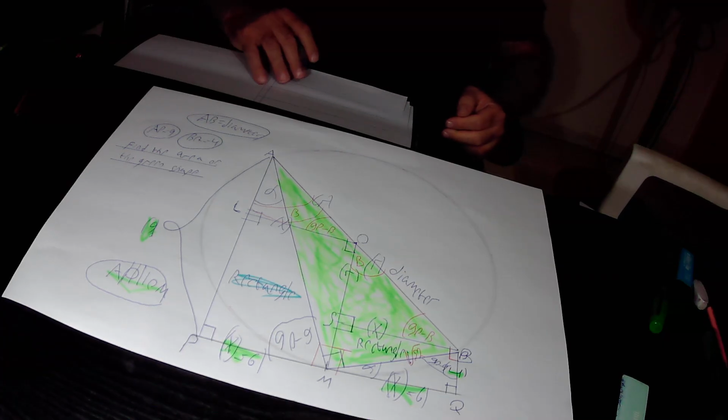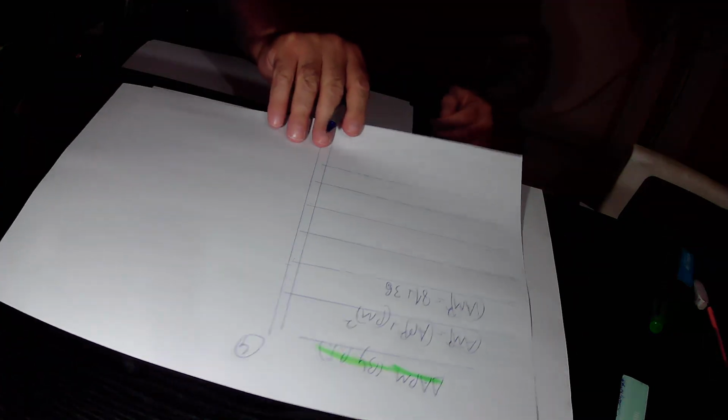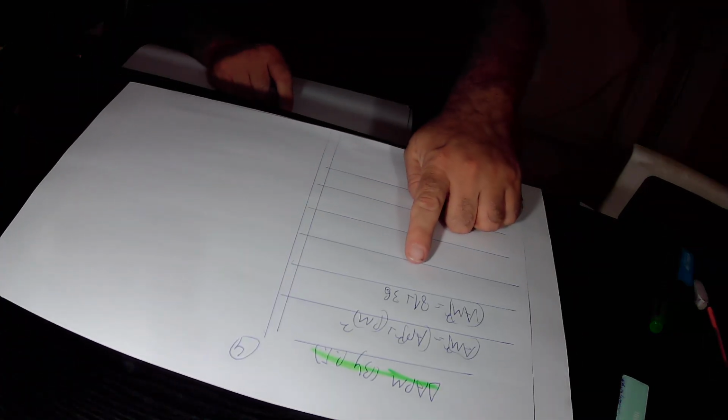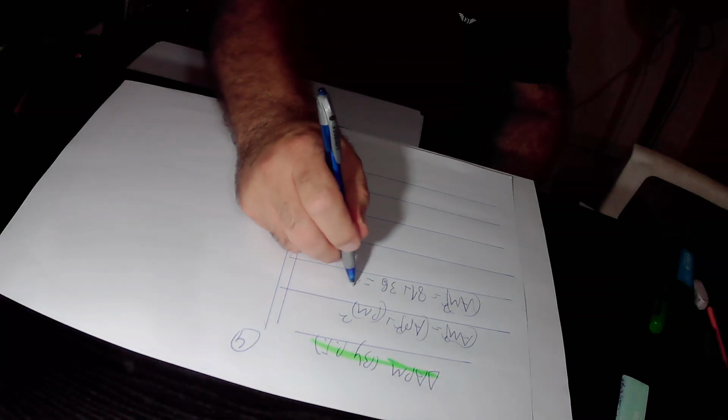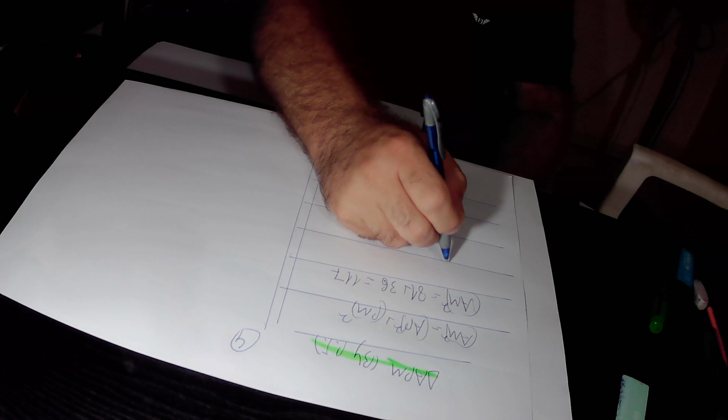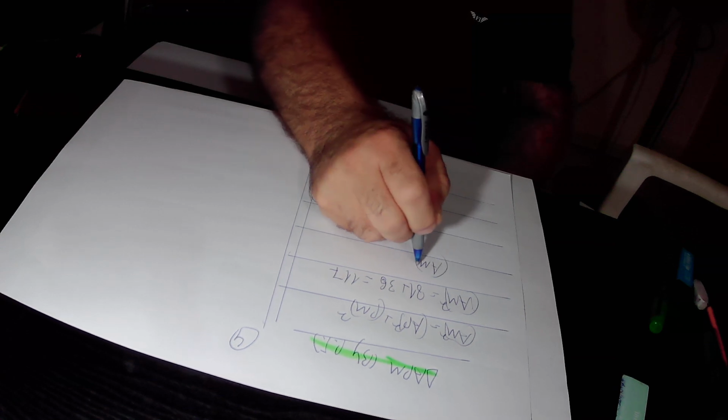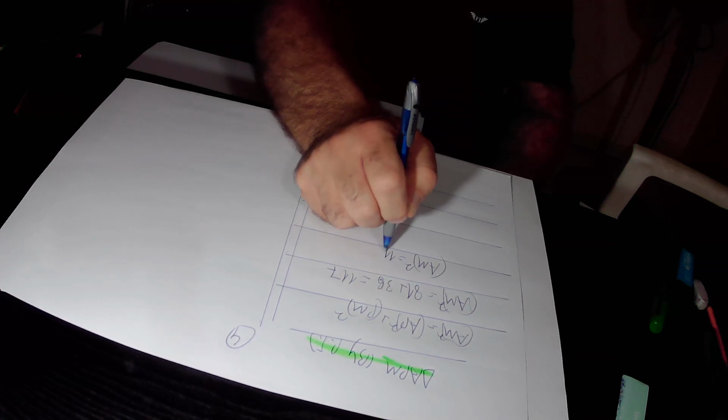So in total we shall find out that AM squared equals 81 plus 36. 81 plus 36 is 117. So AM squared equals 117.